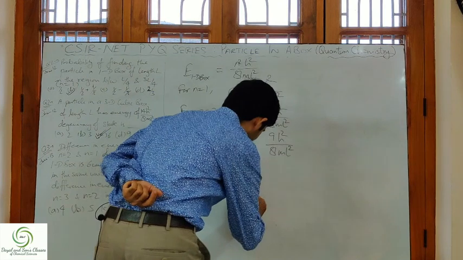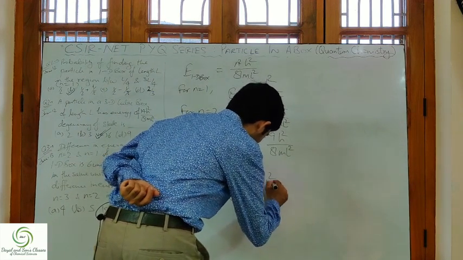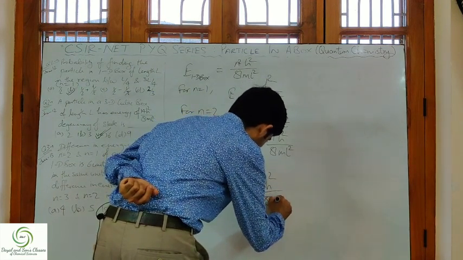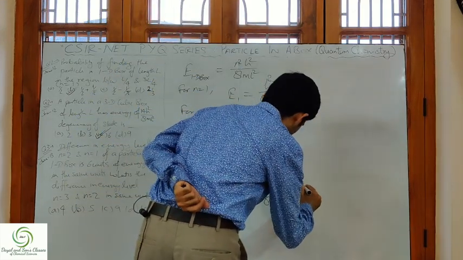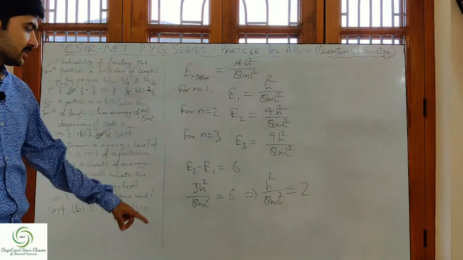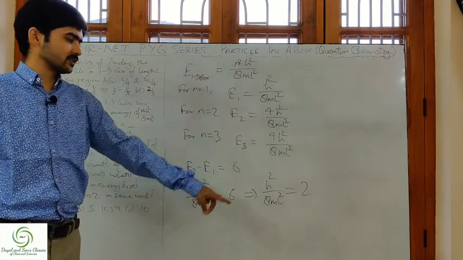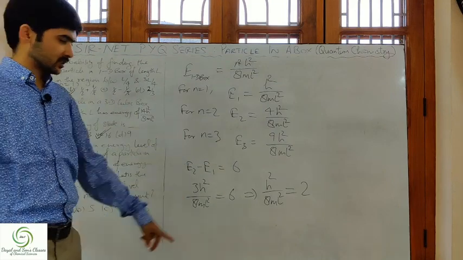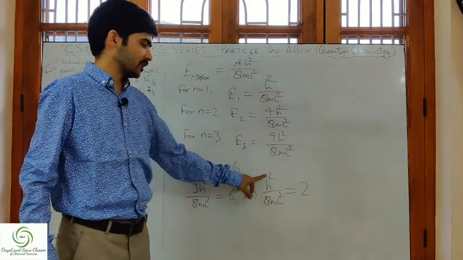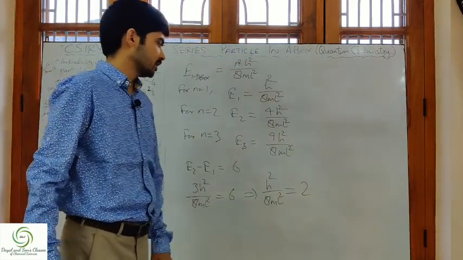From here what I can write is h square upon 8 m L square is equal to 2. So far we have got that the value of h square upon 8 m L square is 2.